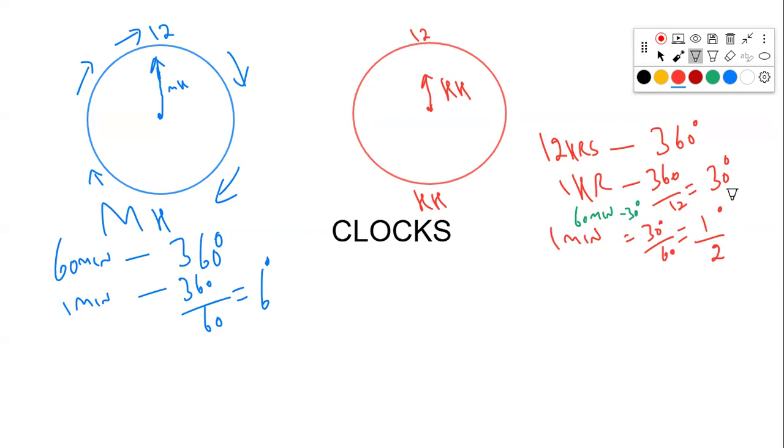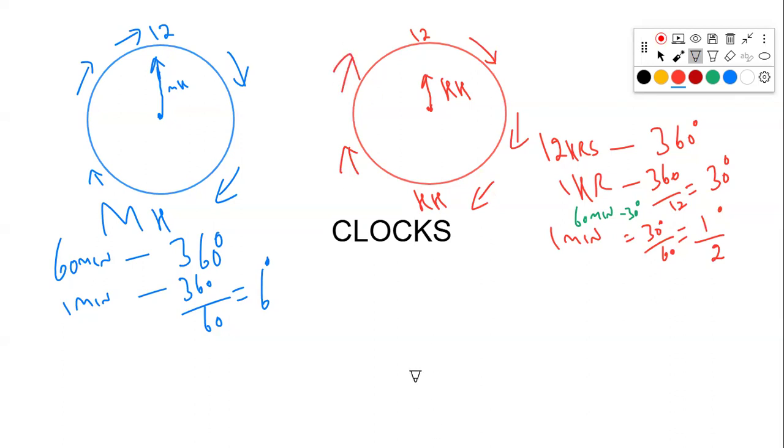So in 1 minute, the hour hand moves by half a degree, whereas the minute hand moves by 6 degrees. Because both of them are going clockwise, they are moving in the same direction.